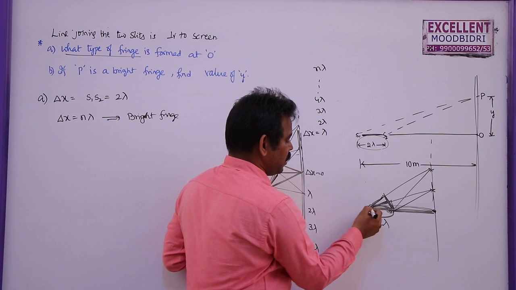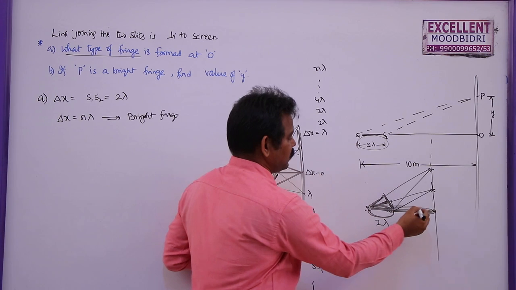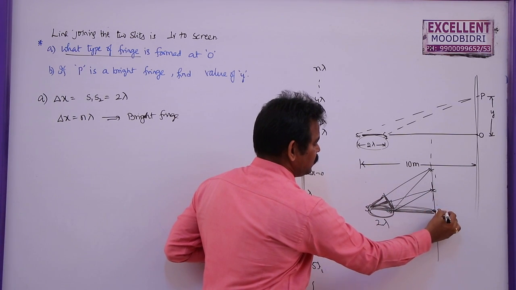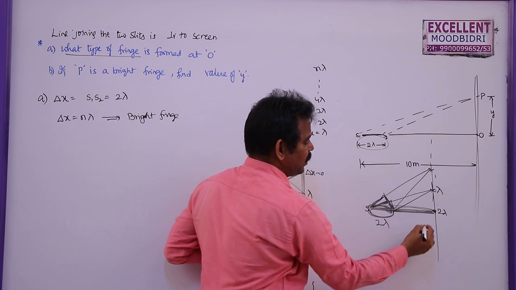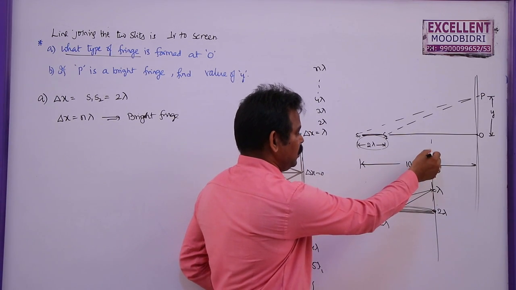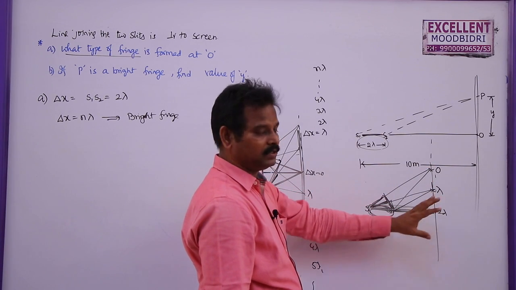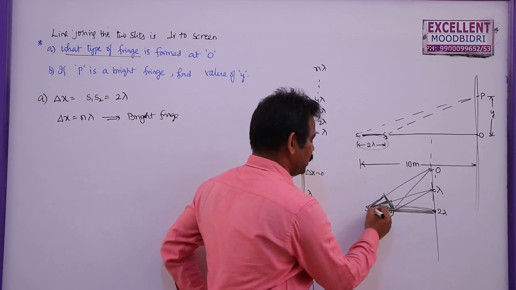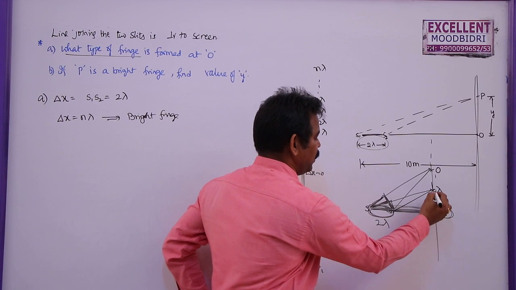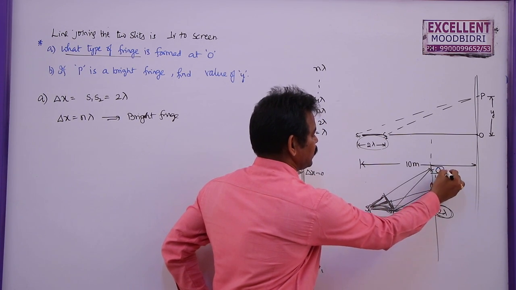So as this is the hypotenuse, the path differences will be less than 2 lambda. That means somewhere you will get lambda and here you may get 0 also. After that, you won't get any fringes there. That means the number of fringes produced is small. So the maximum path difference is already given as 2 lambda, and we will get a bright fringe here, the first bright fringe, and this is the second bright fringe.